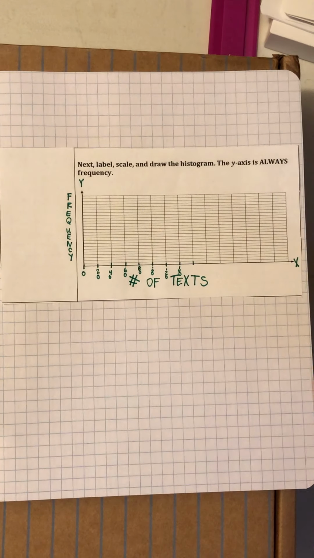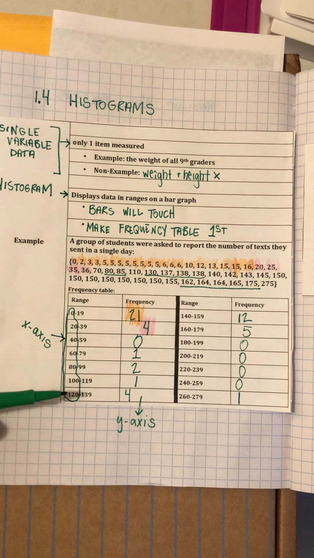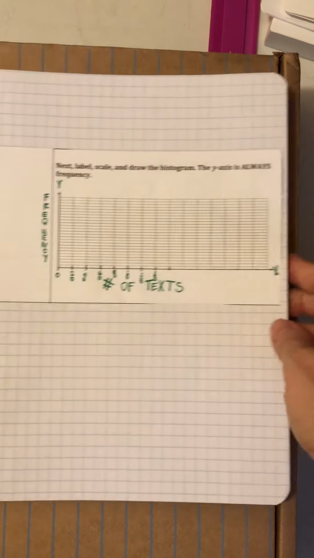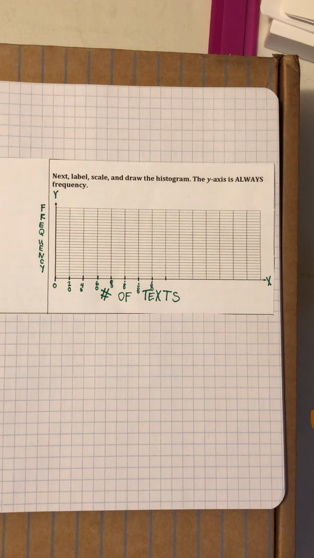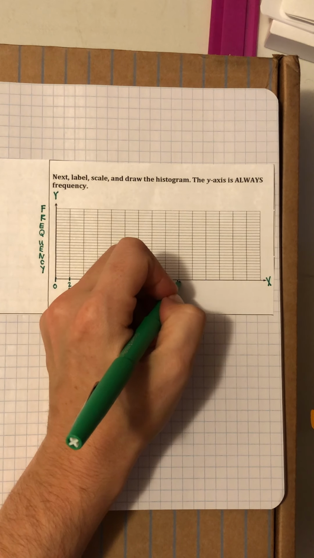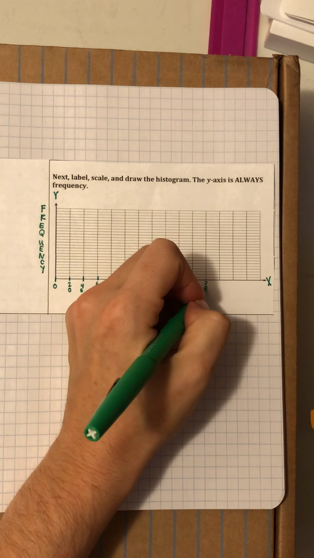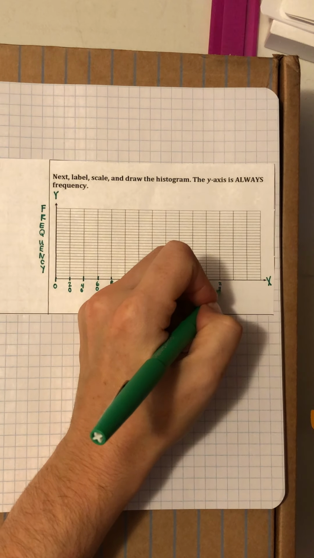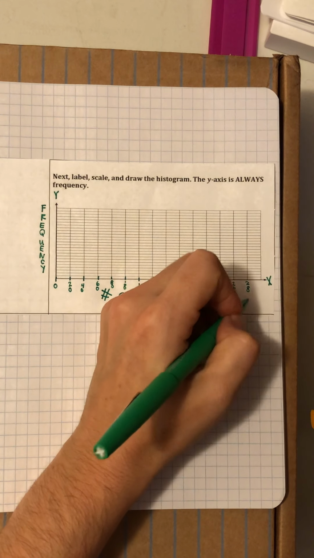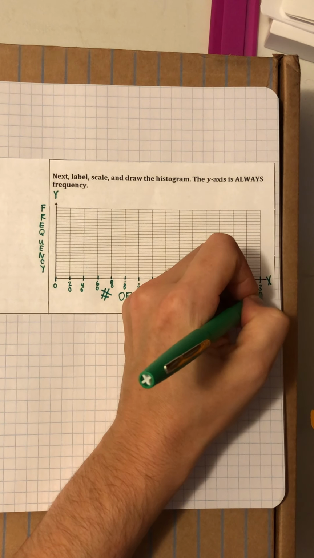And then again, I'm getting those numbers by these right here. And then we'll do the rest over here. All right, 160. I'm gonna write that a little sideways. 180, 200, 220, 240, 260, 280, and then 300, which we did not do.